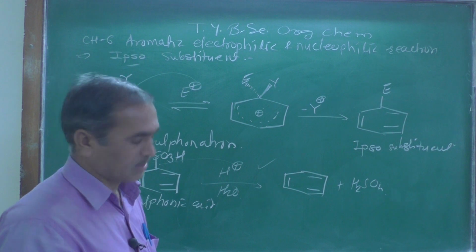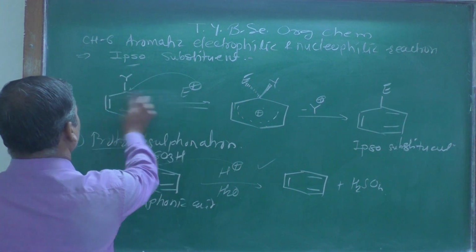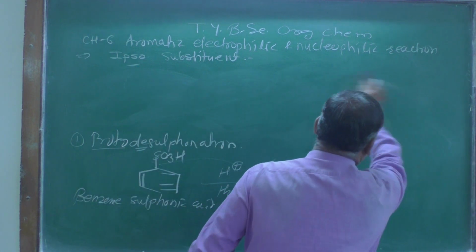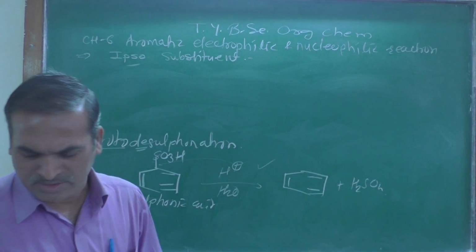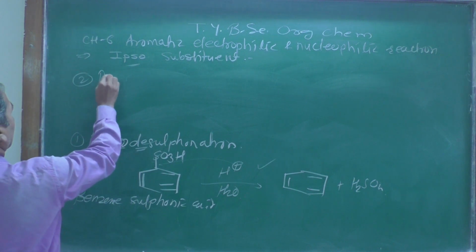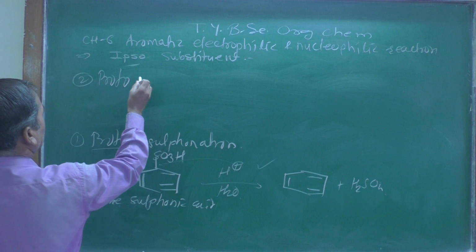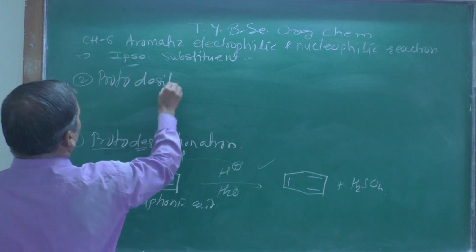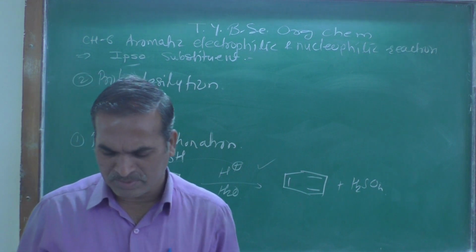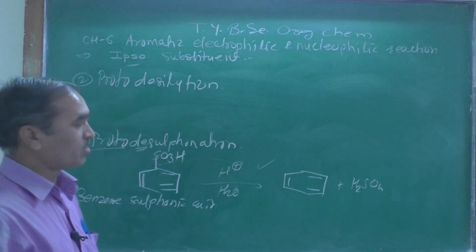So that type of reaction occurs here, proto-deacylation. Let us see. The second reaction is proto-deacylation. So this type of reaction again occurs over there.